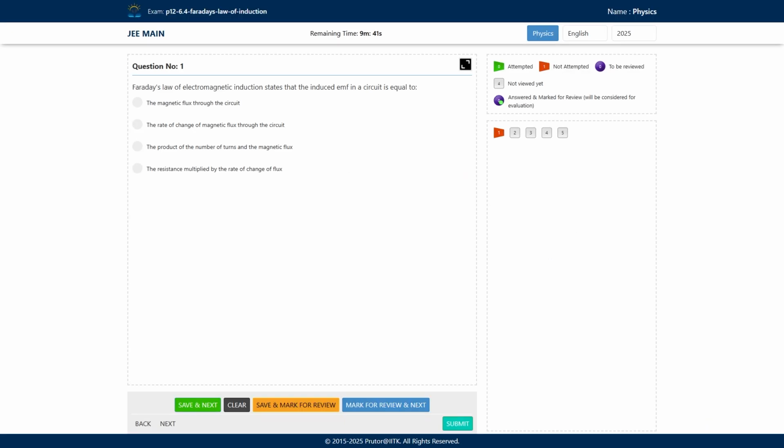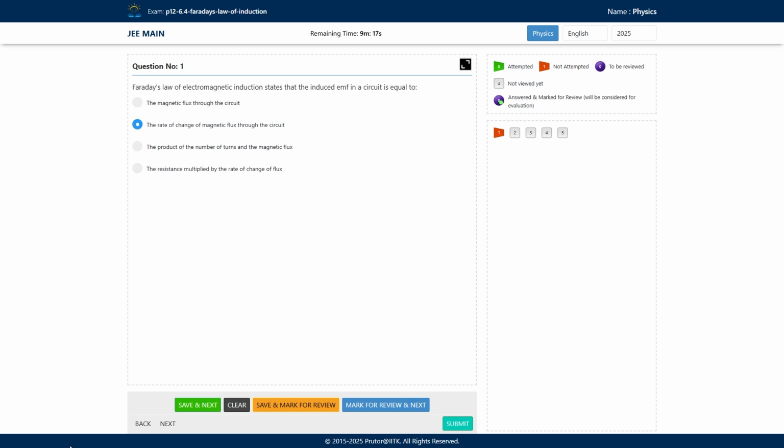Okay, so first question, Faraday law of electromagnetic induction states that the induced EMF in a circuit is equal to. So please write answers in the comment section. I will mark the option according to the answer that you are writing in the comment section. The rate of change of magnetic flux through the circuit.